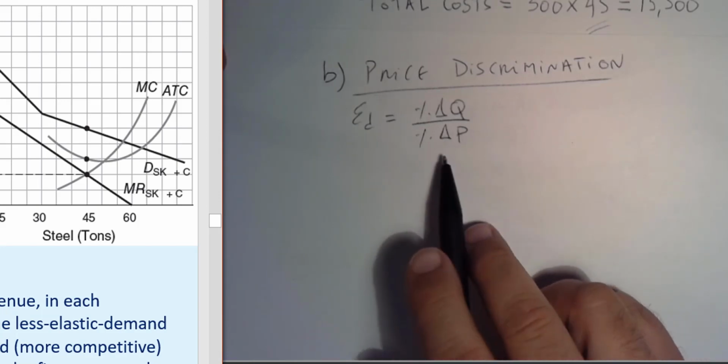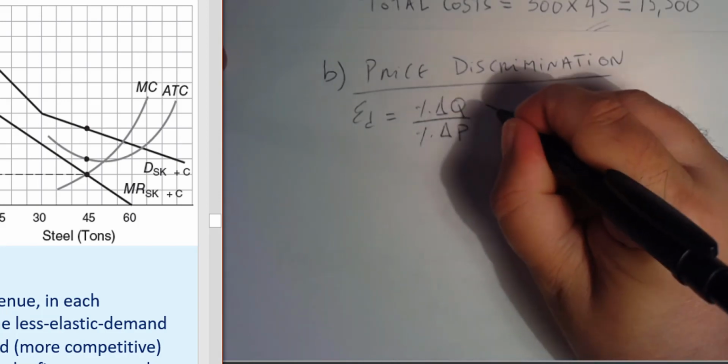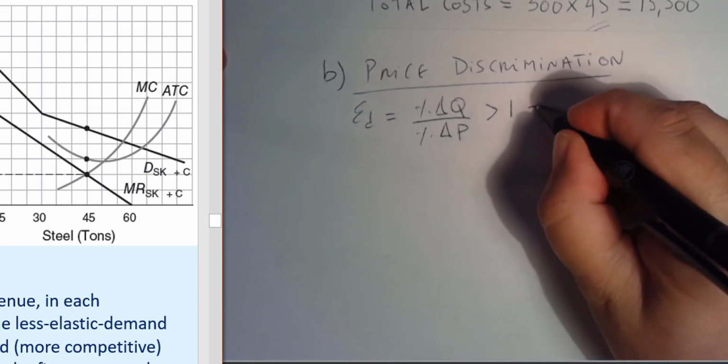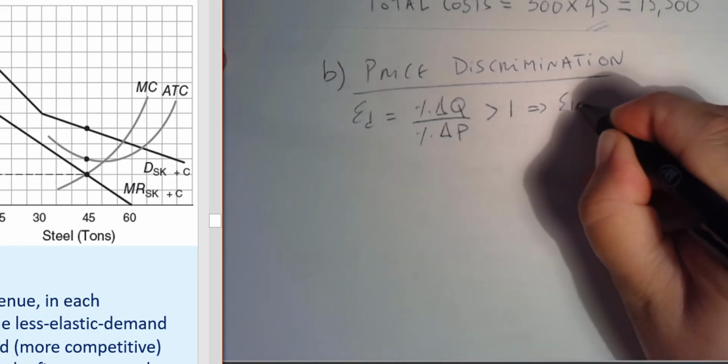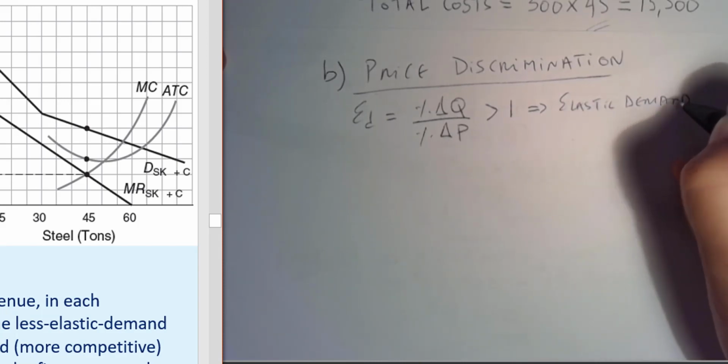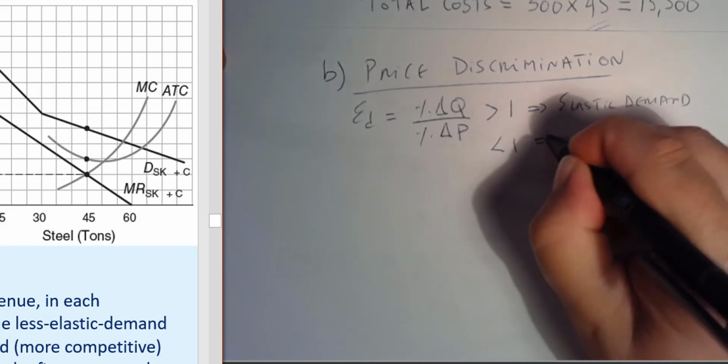And what we see here is, well, let's do a full review of elasticity then. If it's greater than 1, we call this elastic demand. If it's less than 1, we call it inelastic.